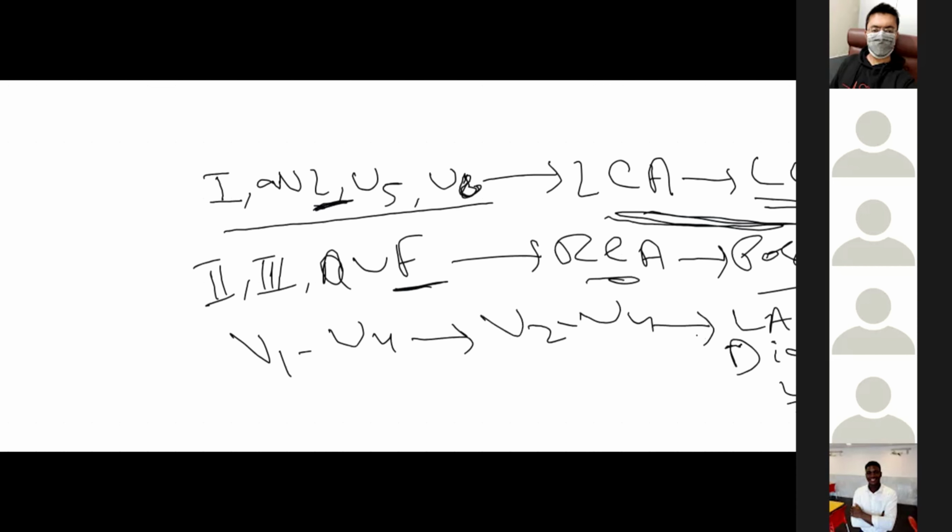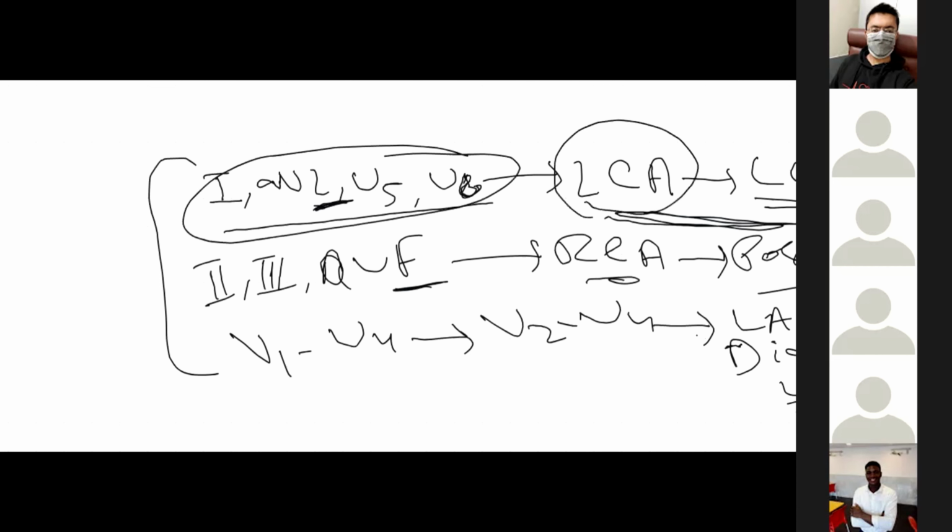So far we have discussed the blood supply. 1, AVL, V5, V6. This is the lateral aspect of the heart supplied by the left coronary artery with the branch left circumflex artery. Inferior aspect of the heart, 2, 3, AVF, that is the right coronary artery supplying with the help of the posterior descending branch.